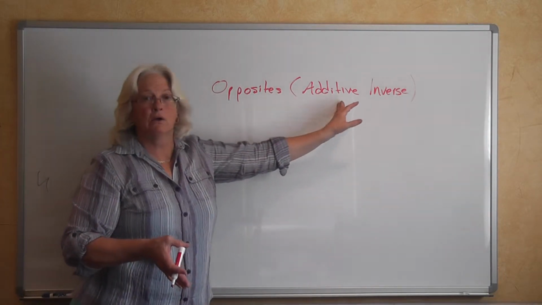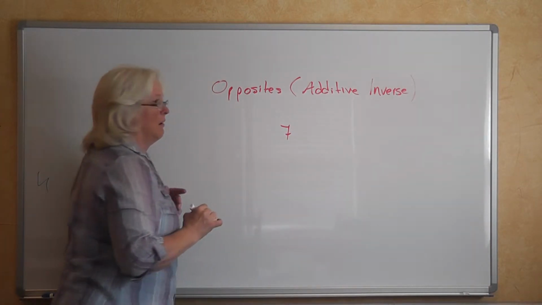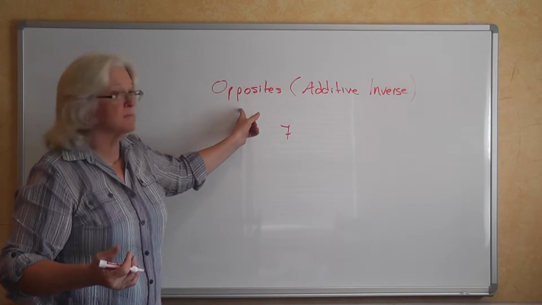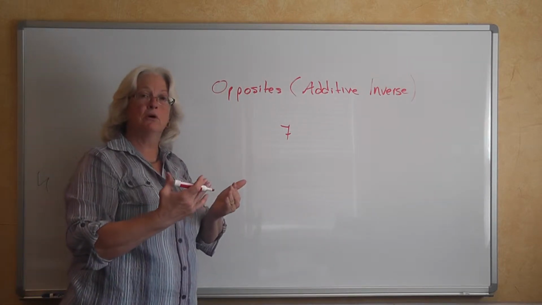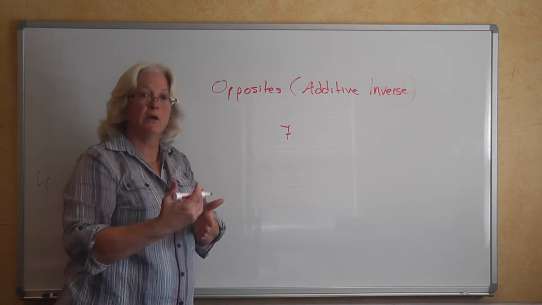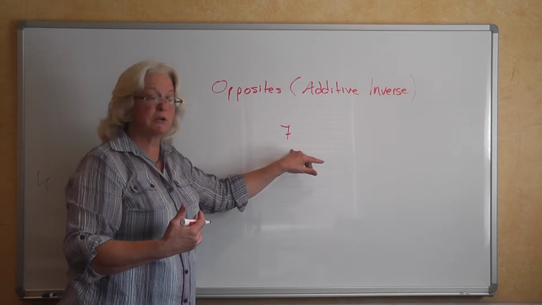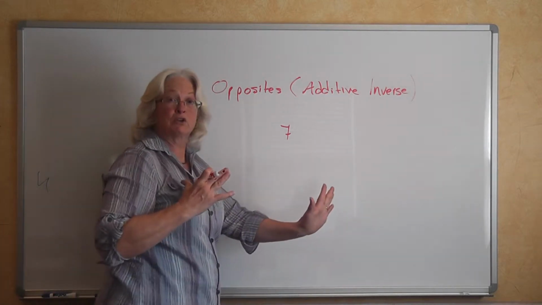If I tell you, what's the additive inverse of 7? I don't have a clue what you're talking about. Additive inverse is the opposite of 7. I just showed you on the number line that opposites are the same distance from 0, but in opposite directions.